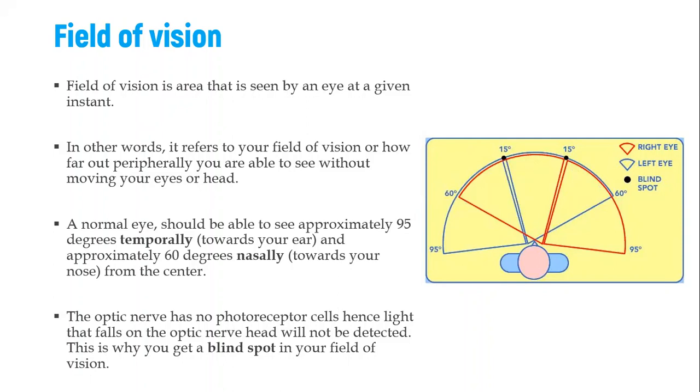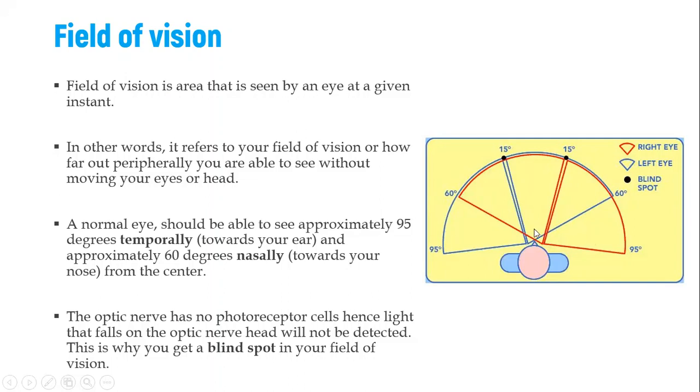If you're looking in front or ahead, every other part that you can see, either centrally or peripherally, is what we call a field of vision. Typically, a normal eye should be able to see approximately 95 degrees on the temporal side, towards your ears, going to the side.